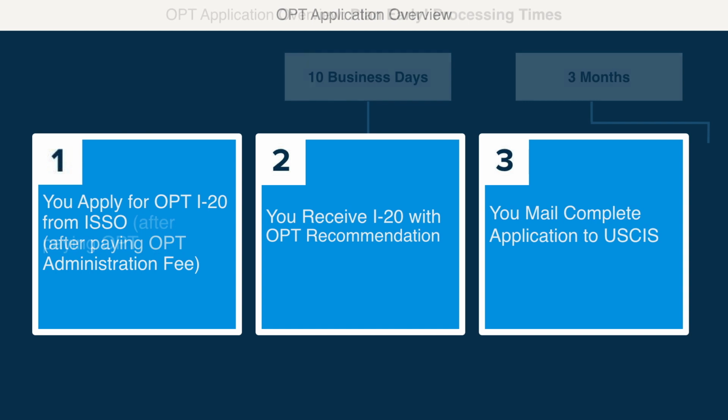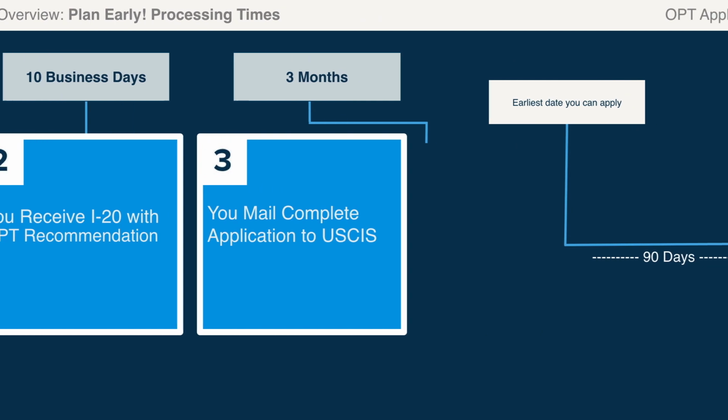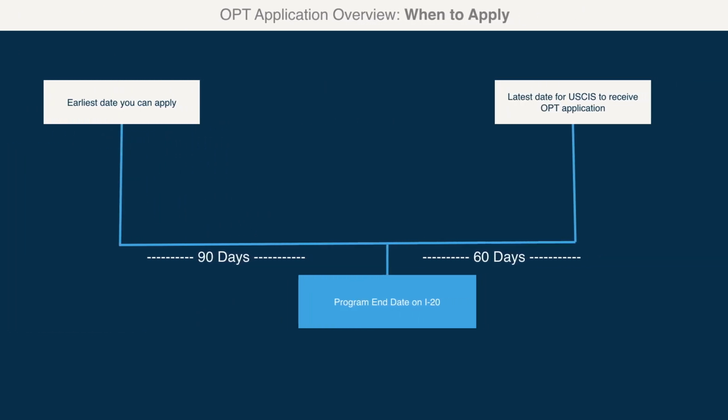Because the process requires an application to us and then to USCIS, it is crucial that you keep in mind the processing times for both steps and plan ahead. There is a 5-month window in which you can apply for post-completion OPT, but we strongly encourage you to apply as early as possible.